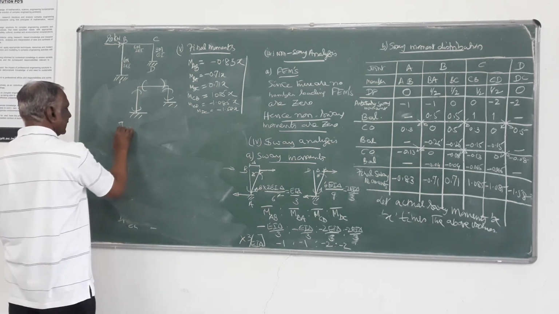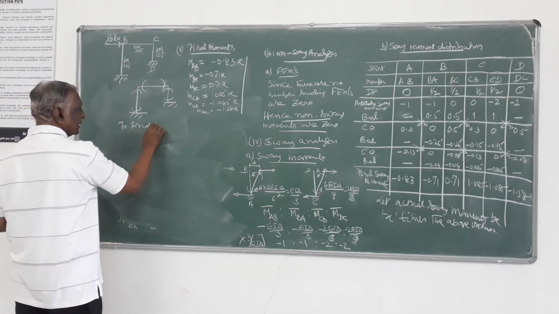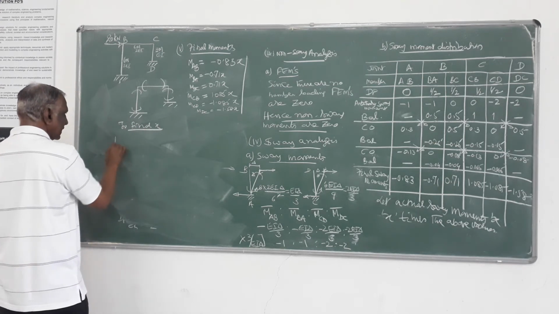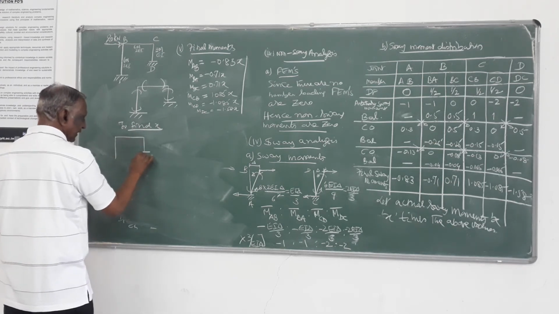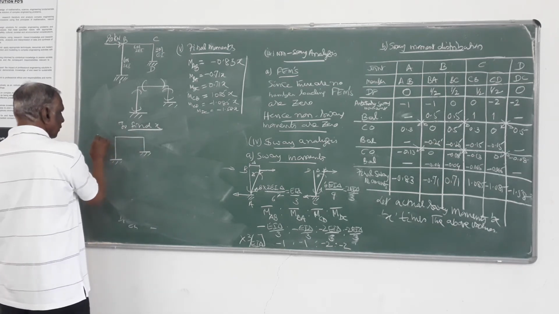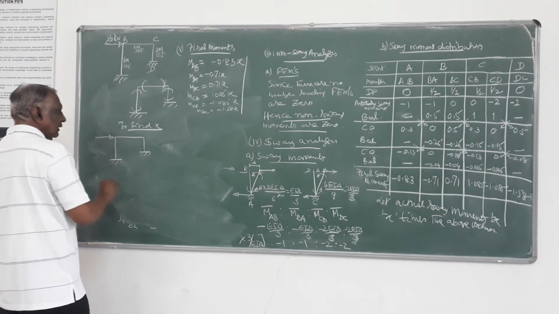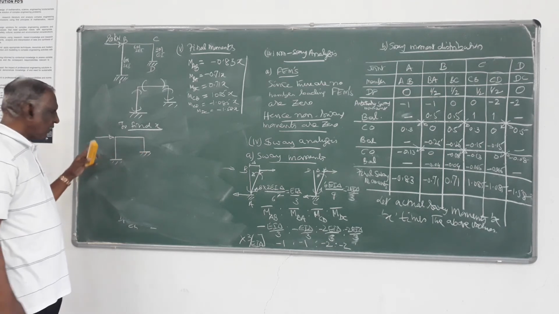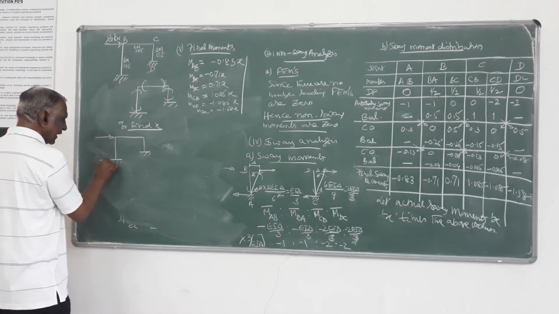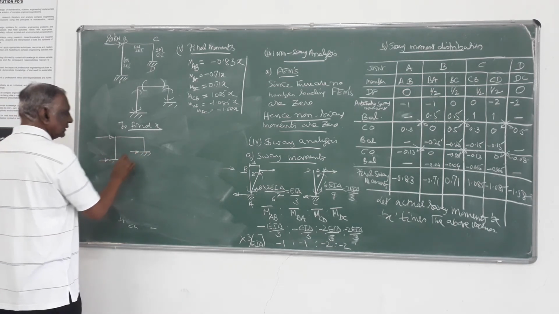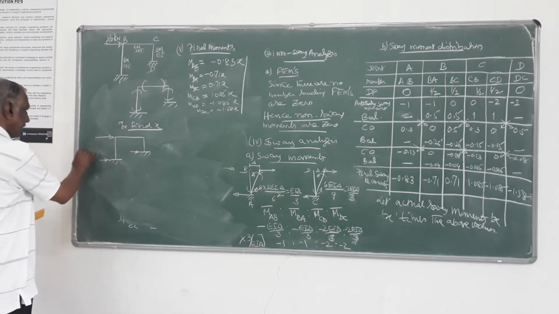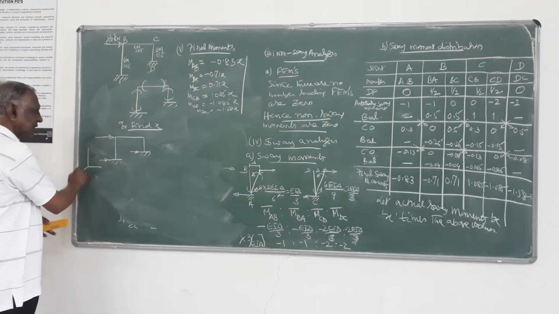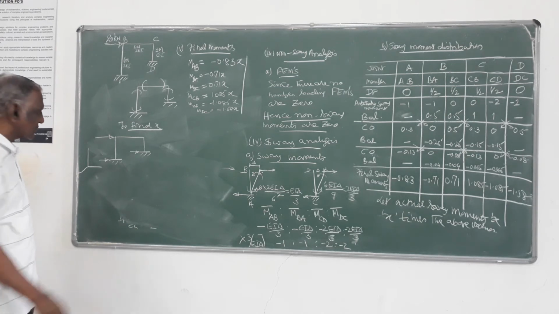So to find x, you have to apply the sway condition. That is, you mark all the external loading which is causing sway, as well as the reactions developed. Reactions developed, you indicate in the positive direction of the coordinate axis chosen.